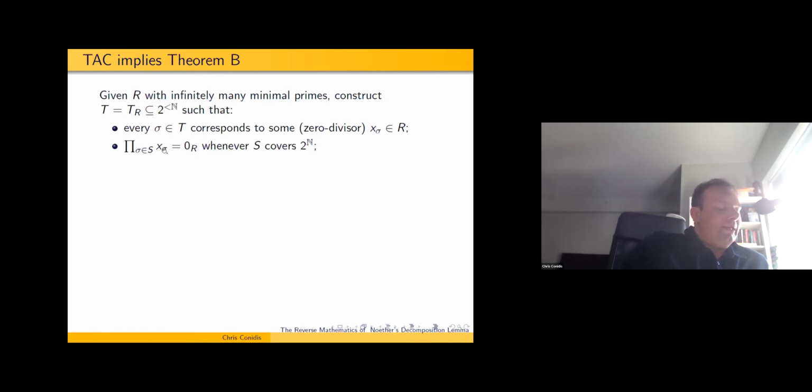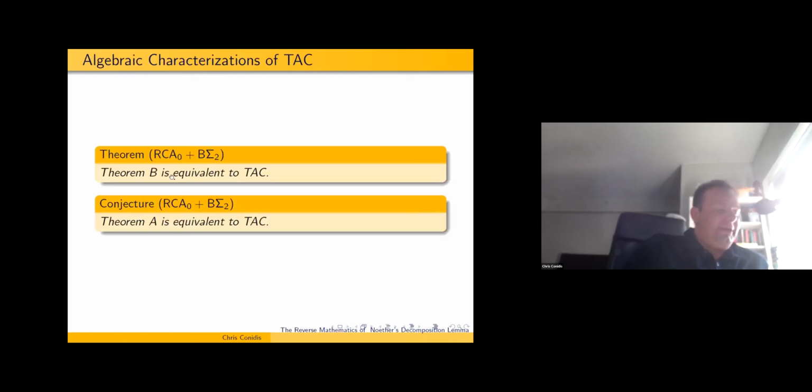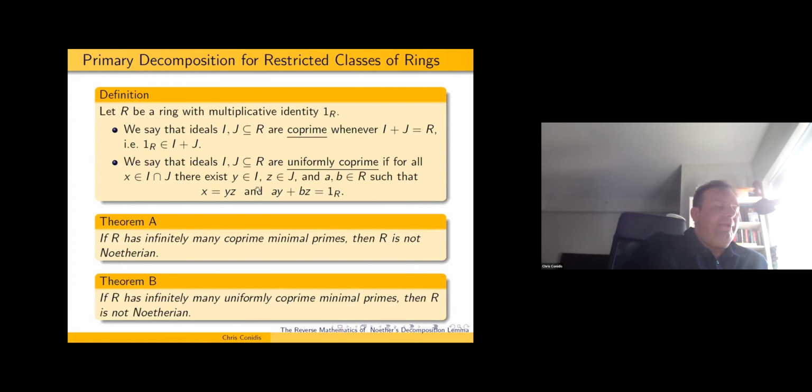And so the way it works, in terms of the minimal prime ideals, earlier I said in the definition of uniformly coprime that this element X splits into Y and Z. And the way it works in terms of the tree is that Y and Z are going to be children of X, in terms of the correspondence between ring elements and the nodes of your tree.